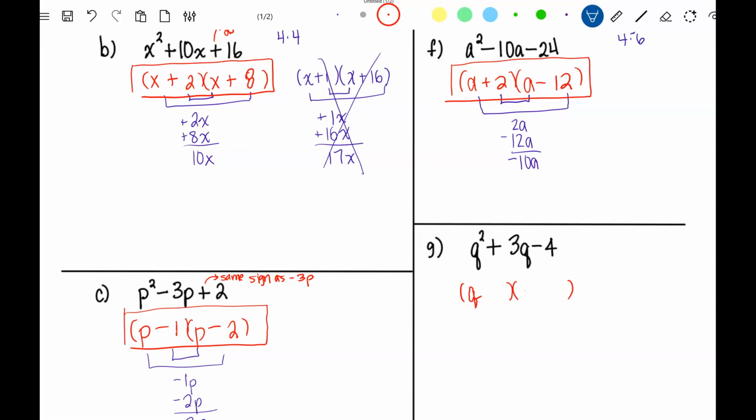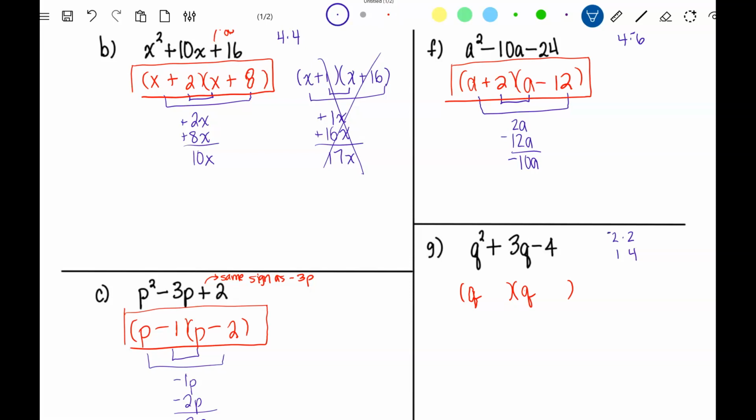G, negative 4, it could be 2 and 2 or 1 and 4. Since that 4 is negative, that means the signs are going to be different and the bigger number is going to have a positive sign.